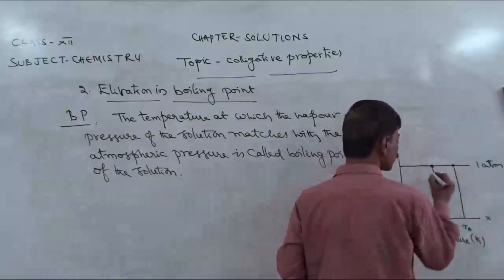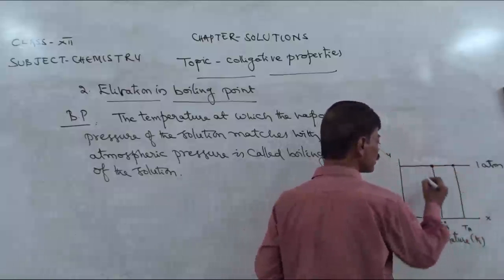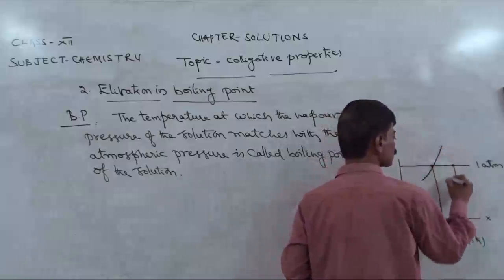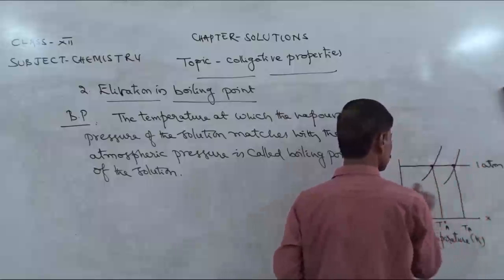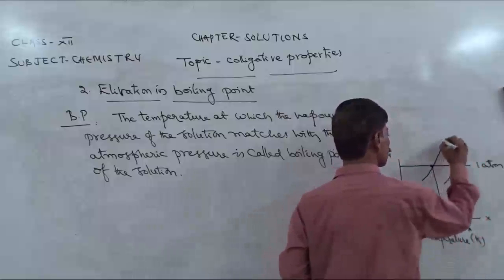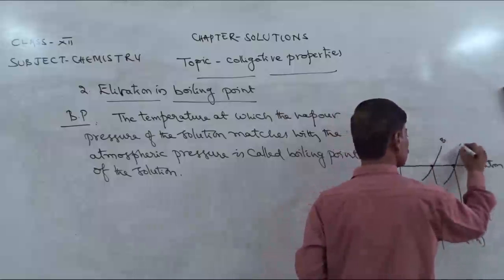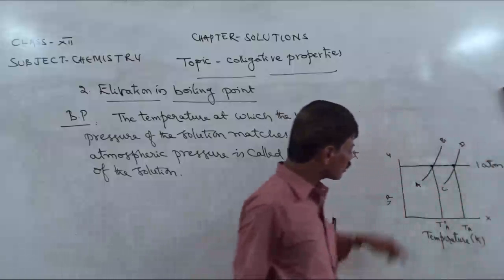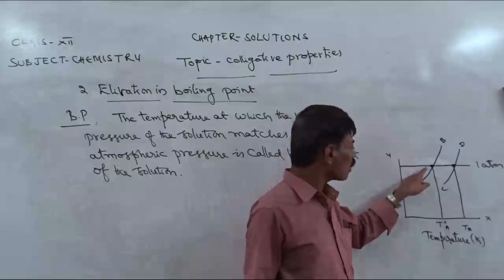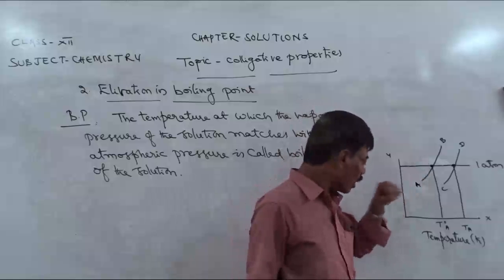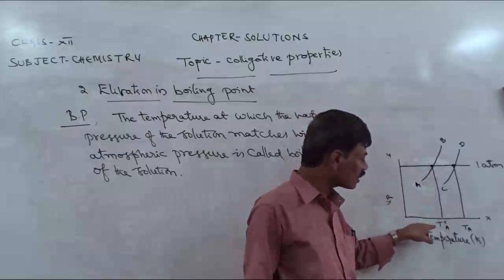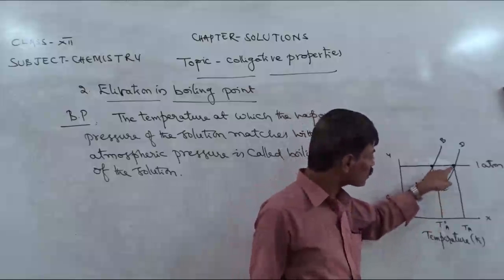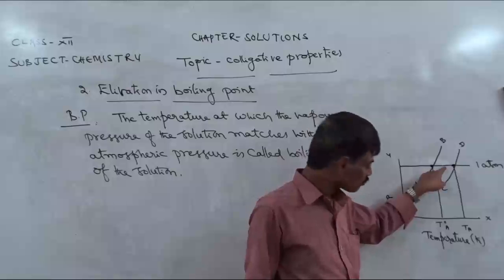Now the points where this P0A and PA intersect will be shown like this: A, B, C, D. So here this point refers to the pressure of the corresponding solvent which boils at T0, and this refers to the pressure value.